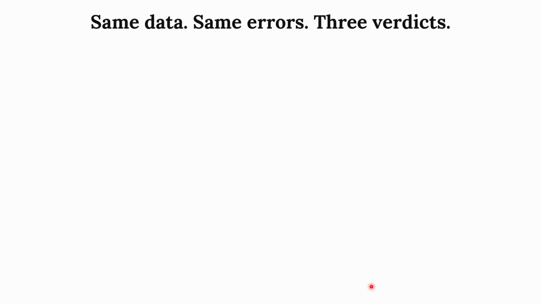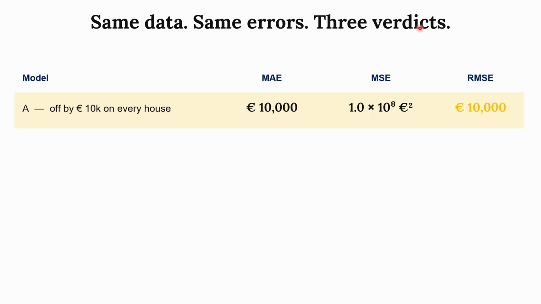So let's go. You have the same data, the same errors, but three verdicts. Model A, off by 10k on every house: mean absolute error 10k, root mean squared error also 10k, and this is the square root of the mean squared error.